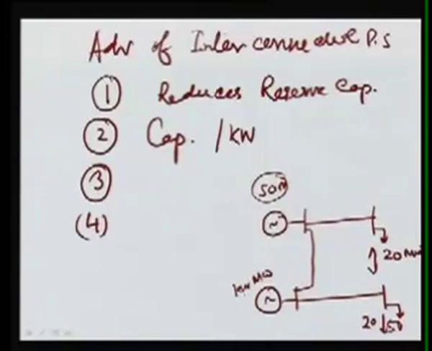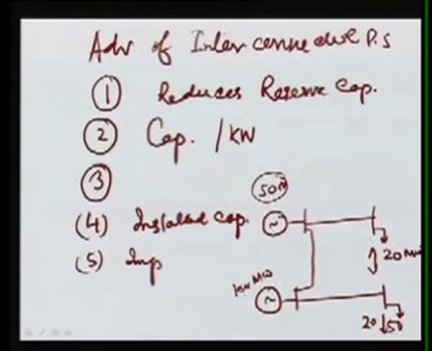Also, by having an interconnected power system, we can improve the reliability. So the fourth advantage is that it reduces the installed capacity, and the fifth advantage is that it improves the reliability of the system.